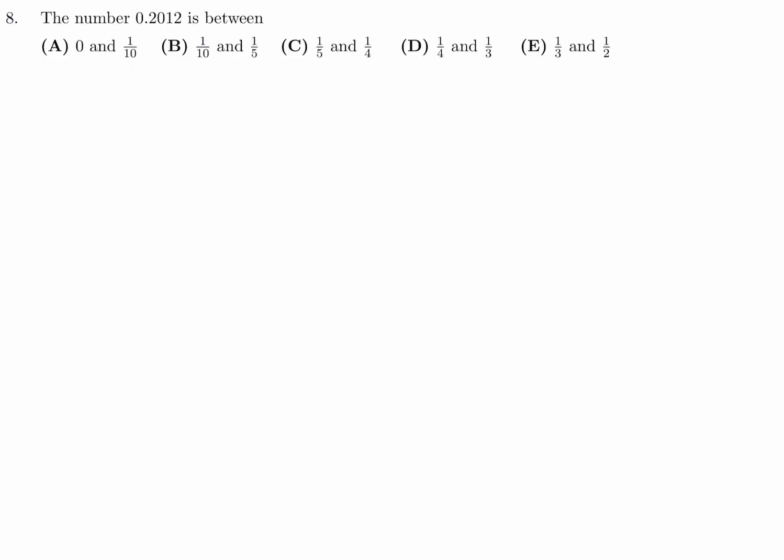The number 0.2012 is between. Well, this is 0 and 0.1. If you convert it to decimals, it might be a little bit easier for you. This is 0.1 and 0.2, that range. And this is 0.2 and 0.25.